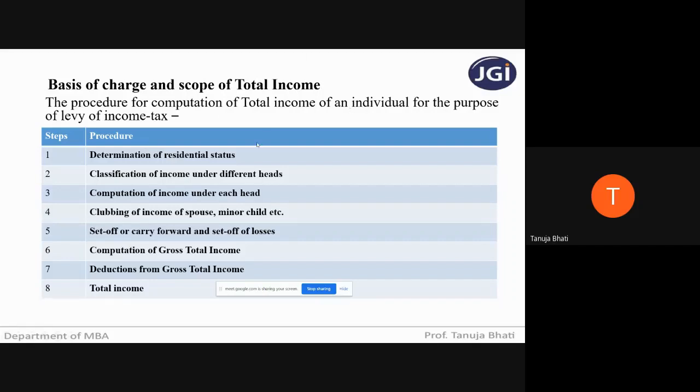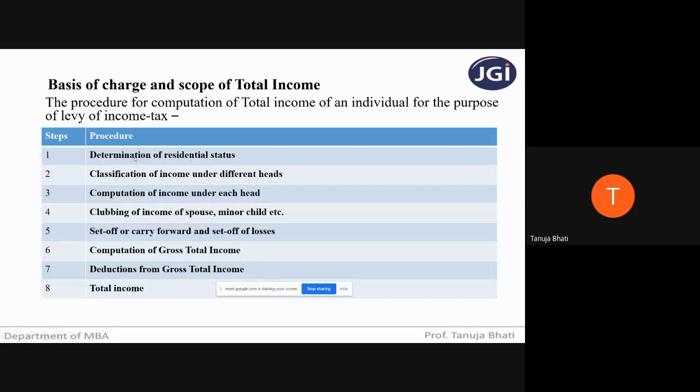Common sense, a non-resident is not going to pay tax in India for the income that he is earning, suppose, in USA. Who is a resident and who is a non-resident, we will be seeing in our succeeding slides. For now, the first thing is you need to understand whether that SSC is a resident or a non-resident.